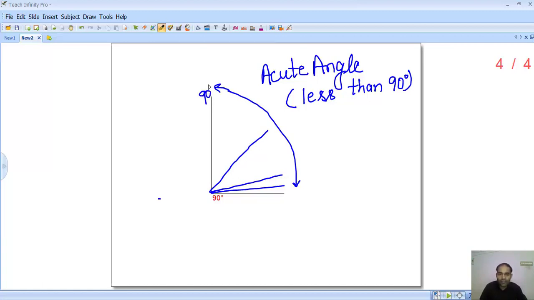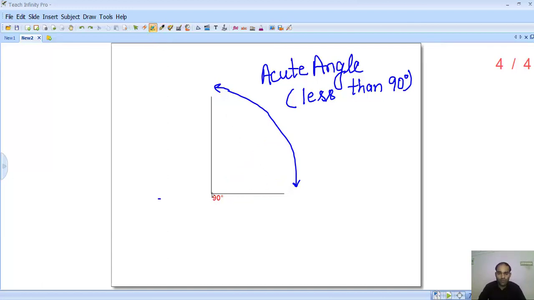All are less than 90-degree. All angles which come at this side will be less than 90-degree. When you make this, you will make it with the help of a scale. Wait for a minute, I will make this with the scale also.